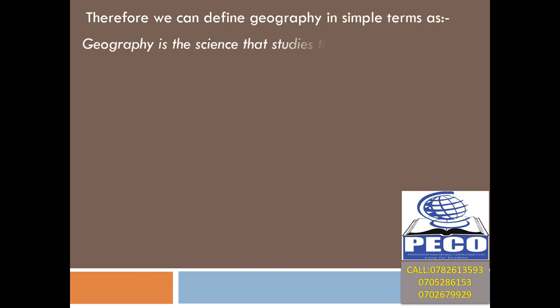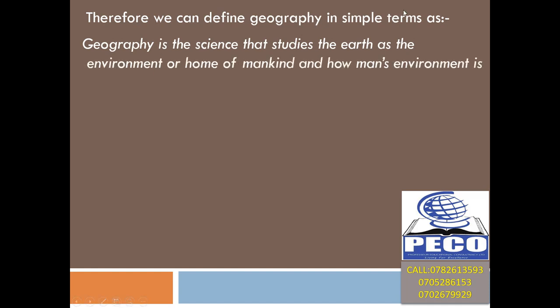Therefore, in simple terms, because that was an internet definition and we had so many descriptions of the meaning of geography, I want us to simply define geography as a science that studies the earth as the environment or the home of mankind.